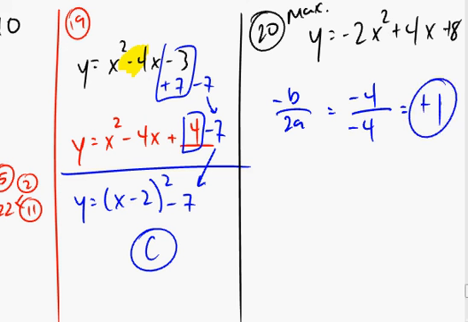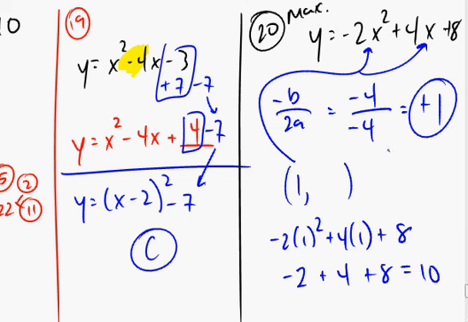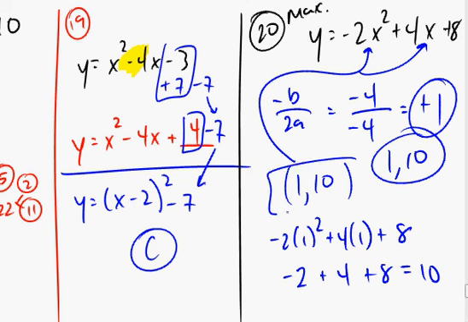Is that the maximum? No, that's the x value, right? Plug that in here. And you get 1 squared minus 2, have the negative 2. So the maximum is 10.